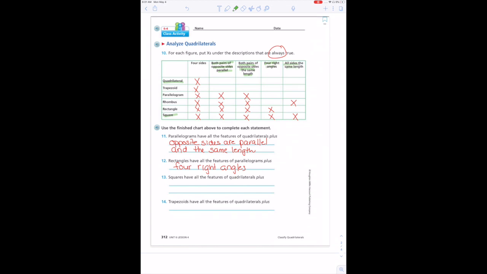So we're going to put both pairs of opposite sides are parallel and the same length.